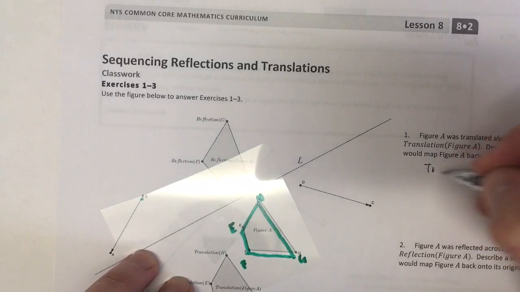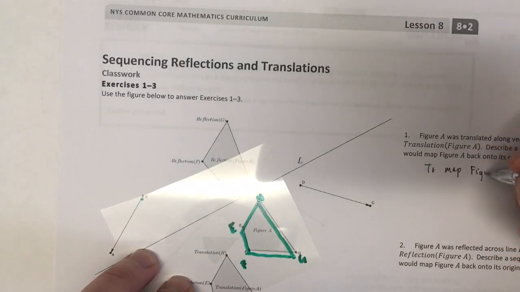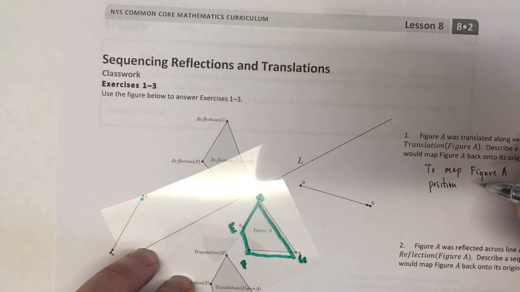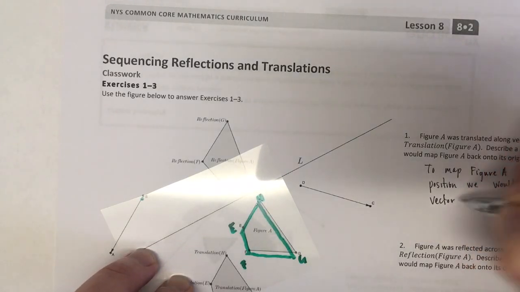To map figure A to its original position, we would reverse our vector.